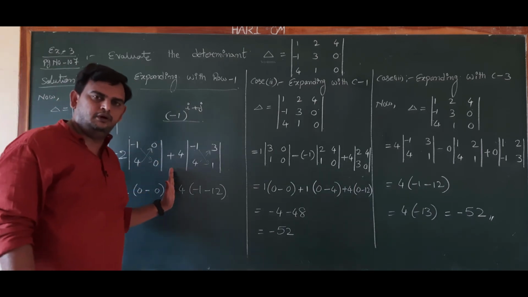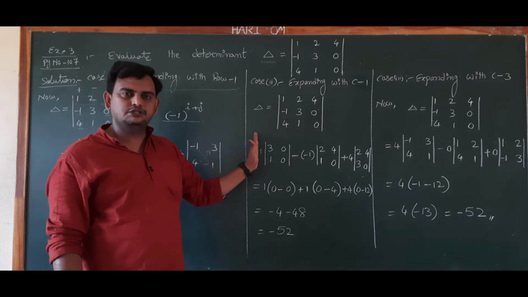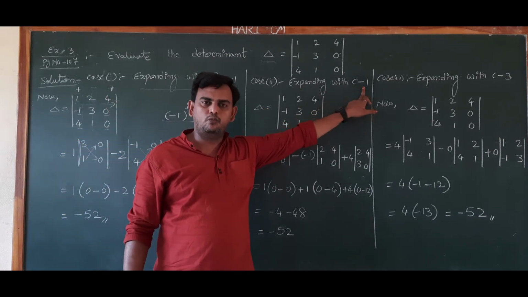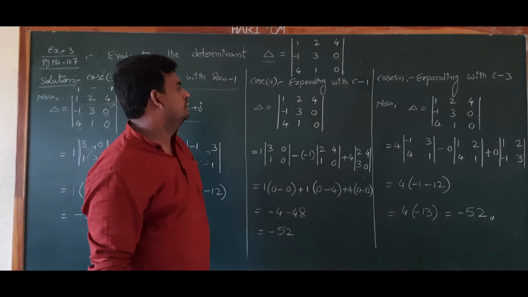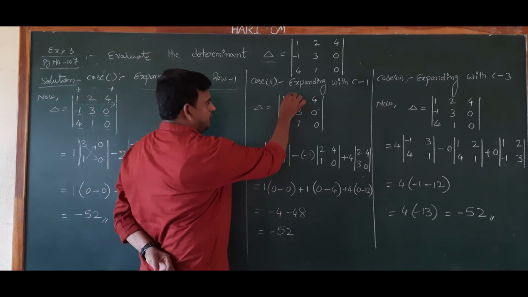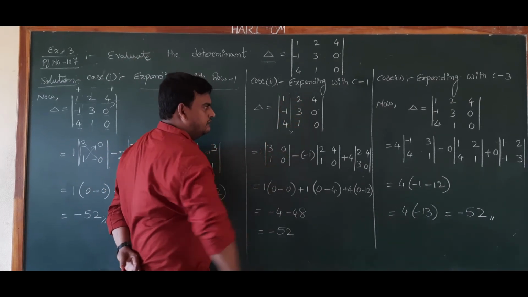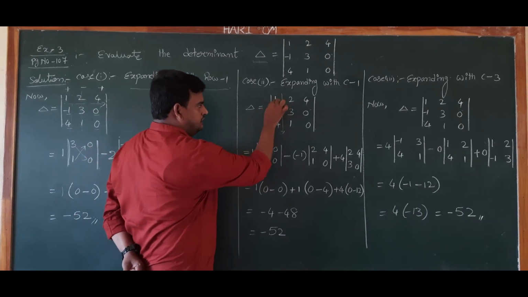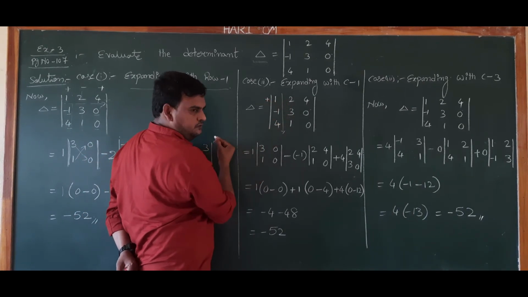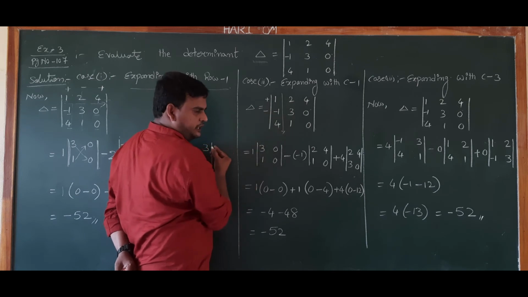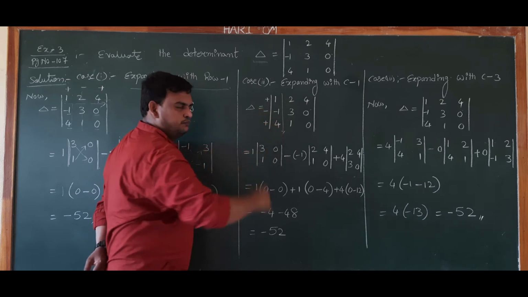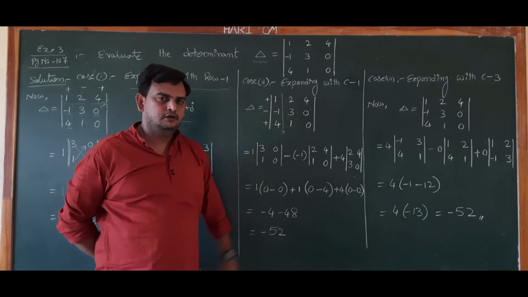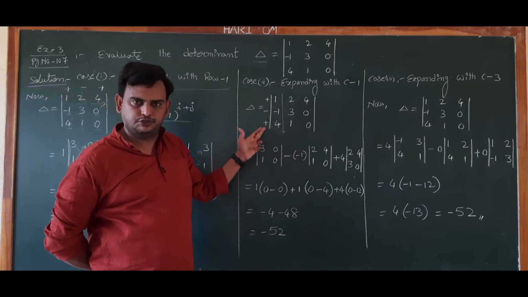Now the same problem I am going to solve using expansion with column 1. When I choose column 1, these are the elements I have. As I told you, the first element 1 gives us positive, the next element gives us negative, the next element gives us positive. This is the order: positive, negative, positive.